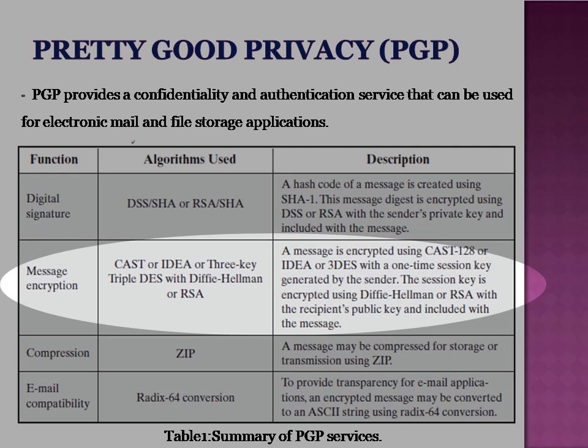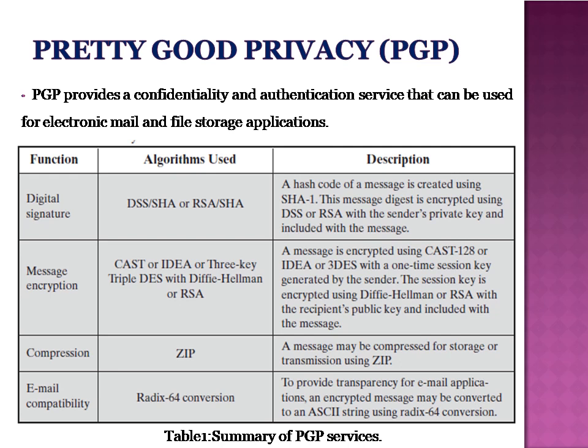Next, the session key is then encrypted using Diffie-Hellman or RSA with the recipient's public key and then included with the message. So this is how message encryption takes place, and clearly it is asymmetric in nature. Hence, two keys are used, public as well as private.